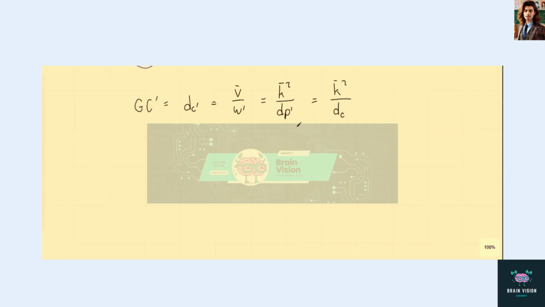Remember that dC is the same as dP prime, and from part A, we know that dC is k bar squared over dP.